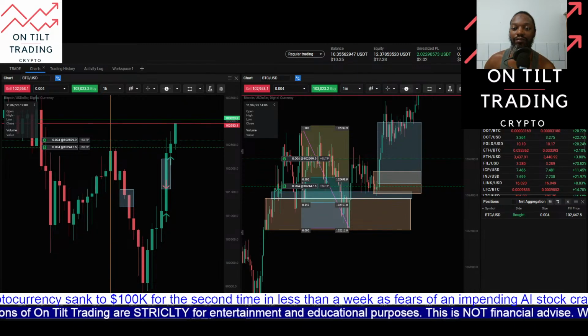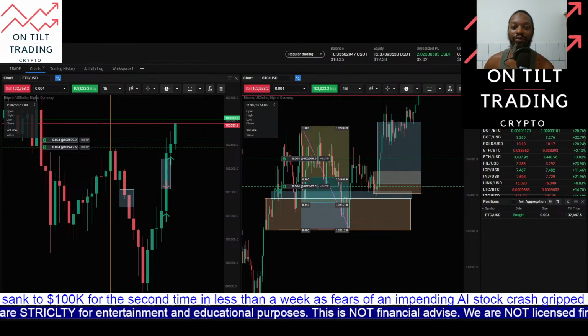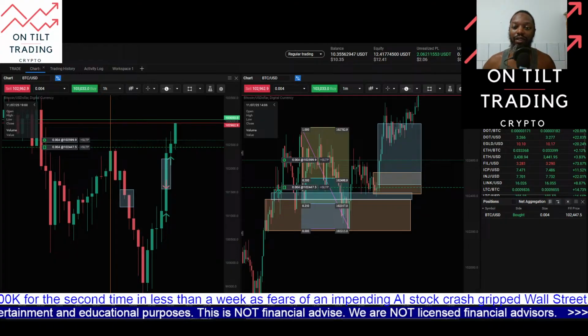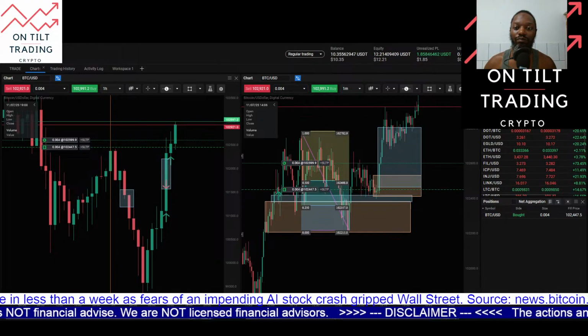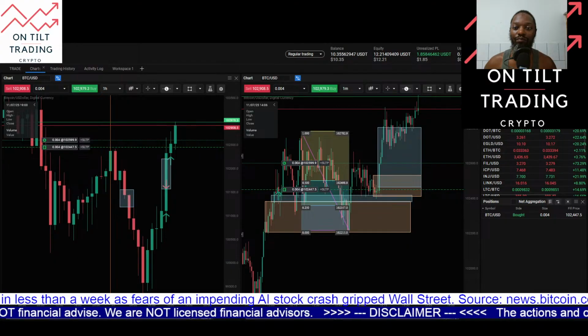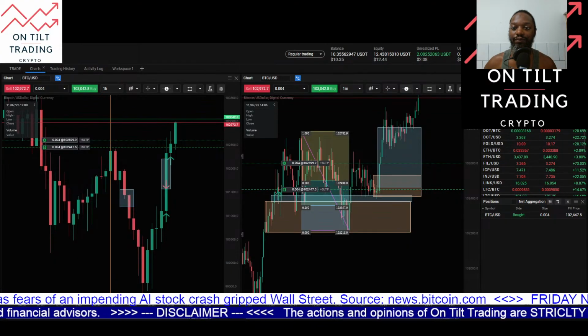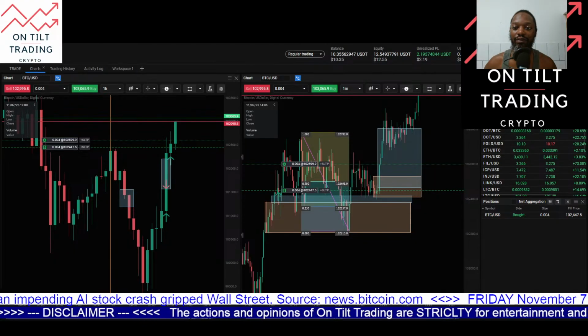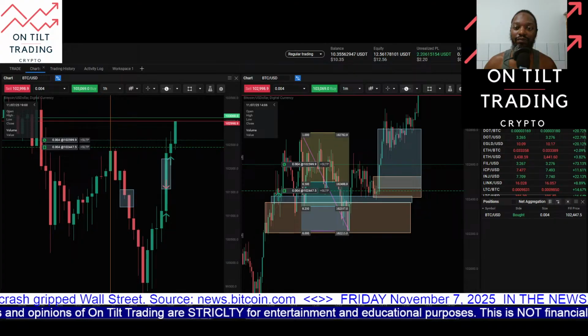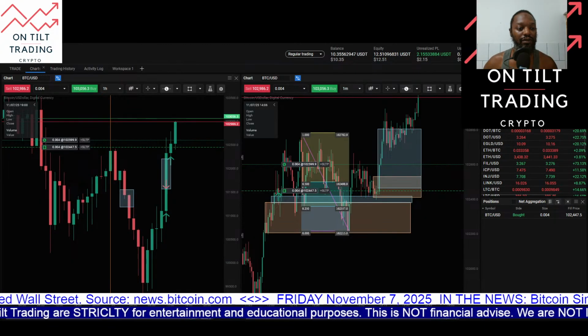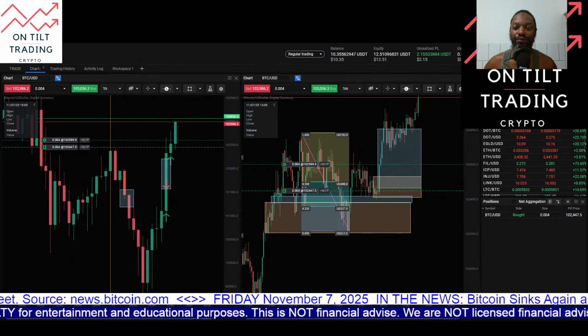Continued buy side delivery here as Bitcoin just traded into a 1 minute fair value gap. Consolidating, and continued buy side delivery here. Getting some buy side delivery with speed. Seeing a bit of expansion here.